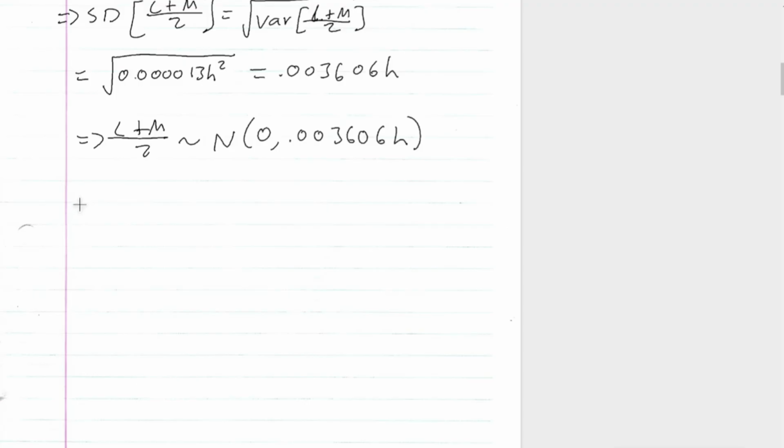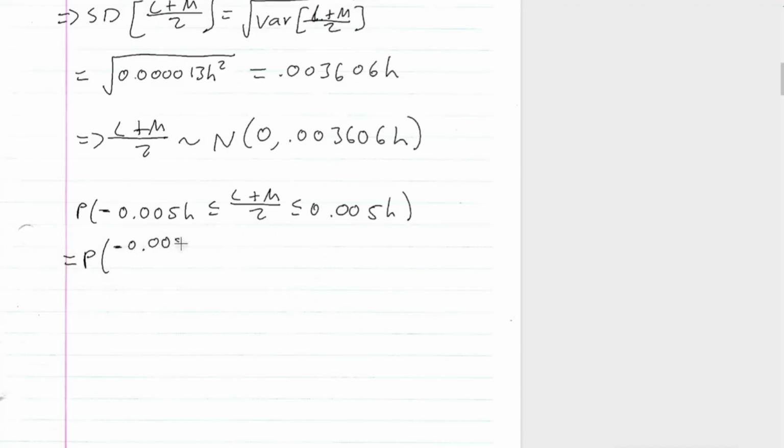The probability that negative 0.005h is less than or equal to L plus M over 2, less than or equal to 0.005h, is equal to the probability that negative 0.005h minus the mean, which was 0, over the standard deviation 0.003606h, is less than or equal to Z, less than or equal to 0.005h minus 0 over 0.003606h.